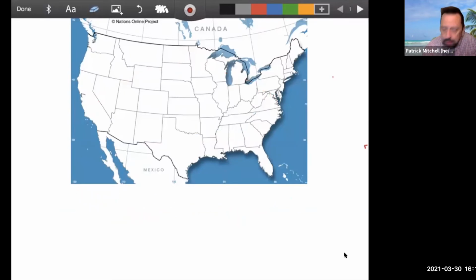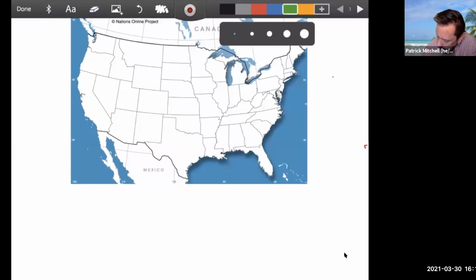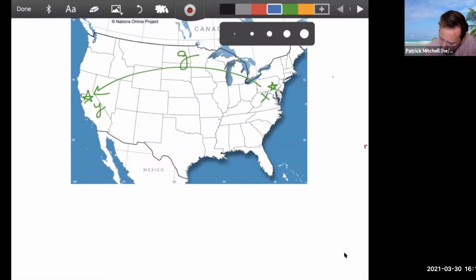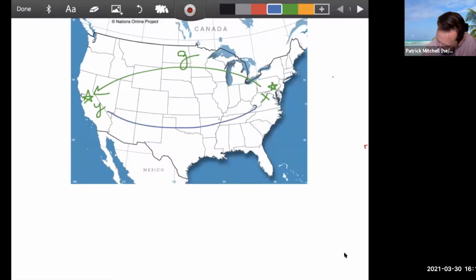Let's say they got on a plane in Philadelphia, and they take flight G to Sacramento. Let's say they start at X and end up at Y. Sadly, eventually their visit comes to an end, and they get on flight G inverse, which takes them back to the original X.